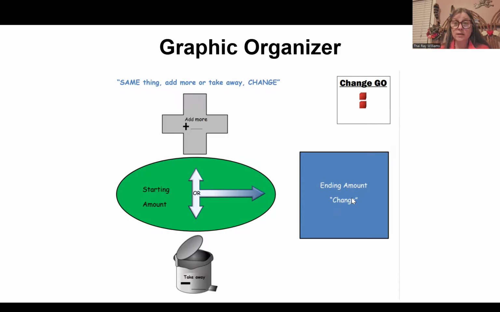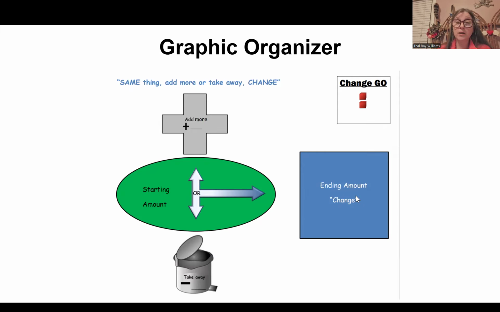Notice I said subtract to tell them what to do. That is the operation that we would be using. So let's look at that again. 10 cookies, same. Take away 3 cookies that broke, subtract, change.